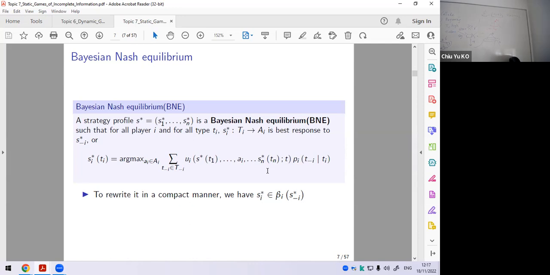You choose your action based on your type T. Then you have your own type, and you randomize over all other people's types.